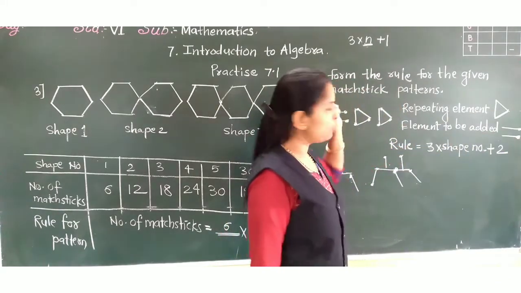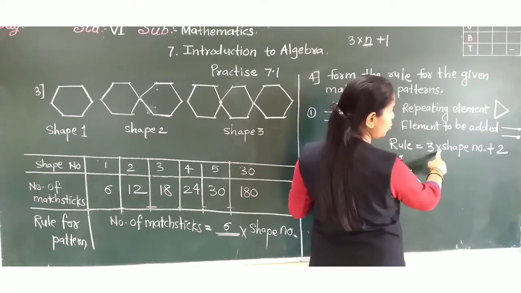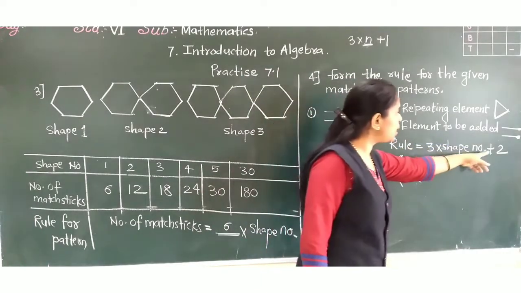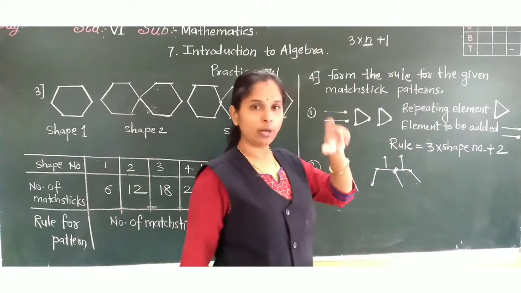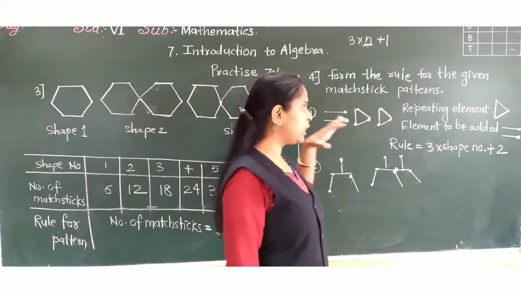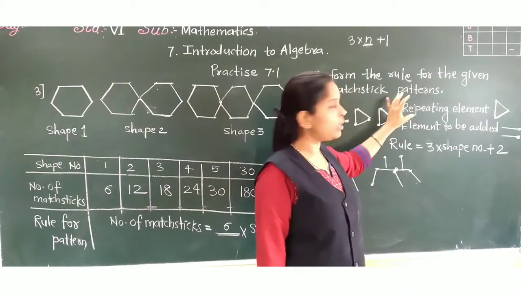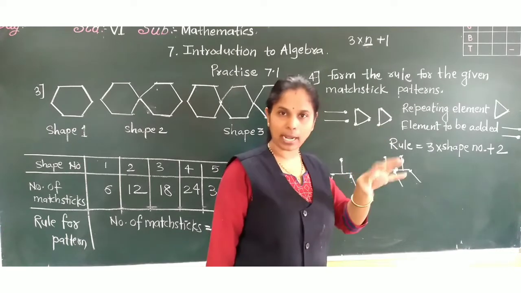So how to write the rule? See here: repeating element into number of shape, plus 2, the element to be added. Always while writing the rule, we have to keep these things in our mind. We have to find the repeating element, and whatever fixed elements are there, those are the elements to be added.